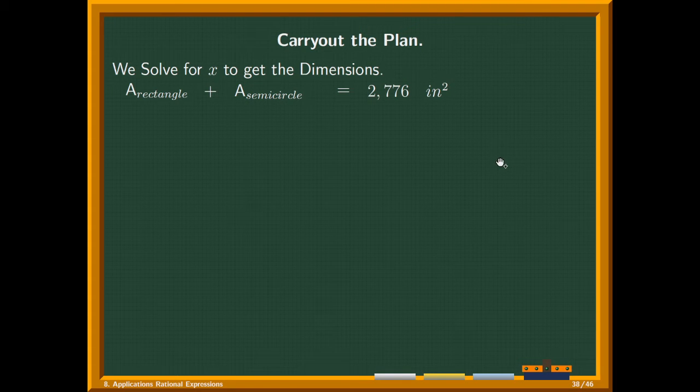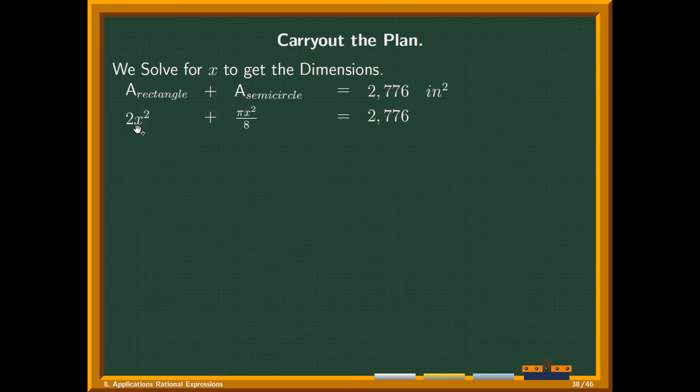Since we do not know the dimension, assume that the unit of this area of a rectangle and semicircle is square inches. Let me remove this unit; later on I will be discussing it. So we have 2x squared as the area of the rectangle plus pi x squared all over 8 for the semicircle, which is equal to 2,776 square inches.